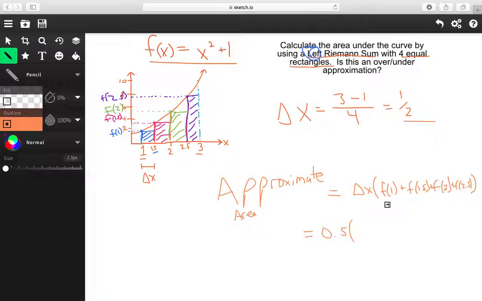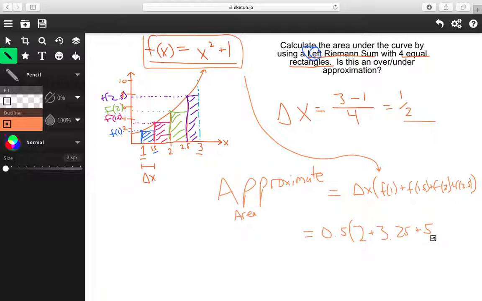And now to find these values, all we're going to do is plug them into our original function. So f of 1, plugging it into the function, gives us 2. f of 1.5 is going to give us 3.25, sorry. f of 2 is going to give us 5.